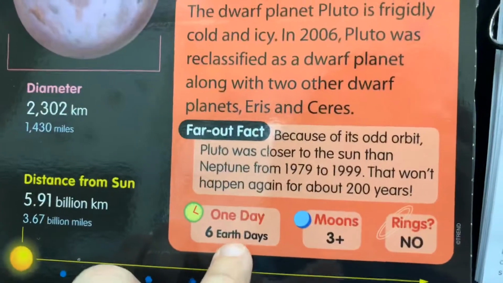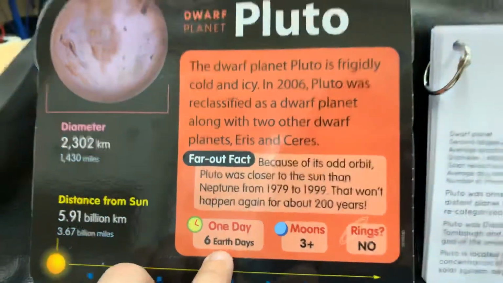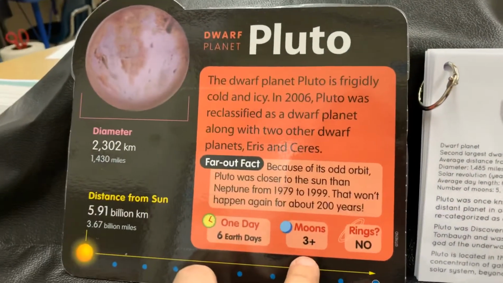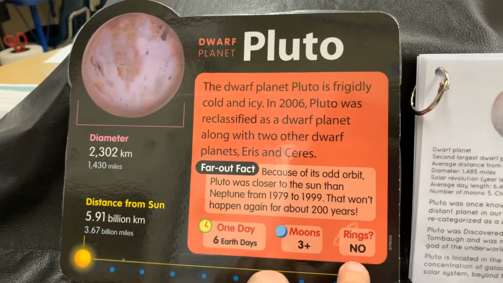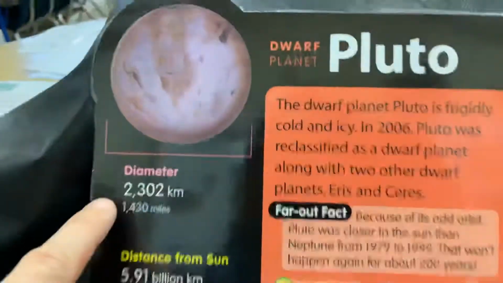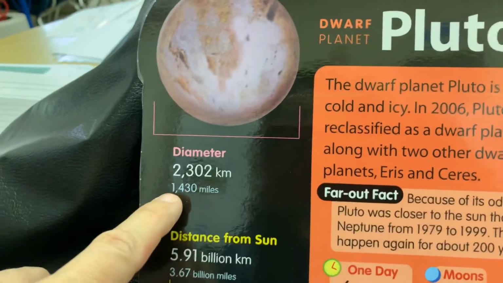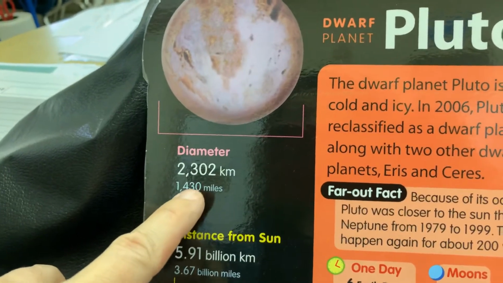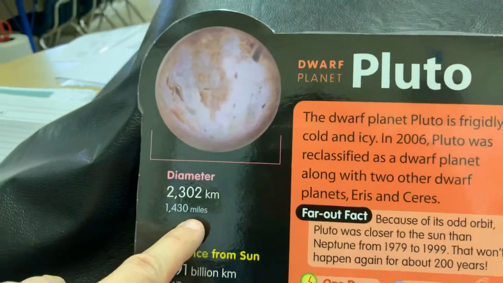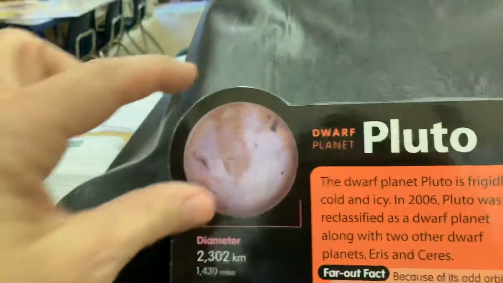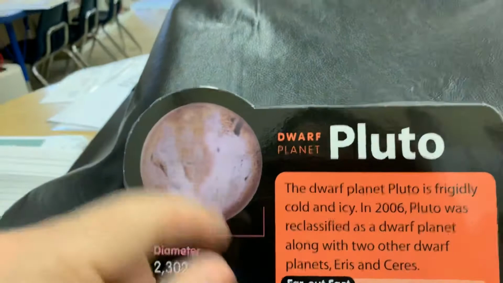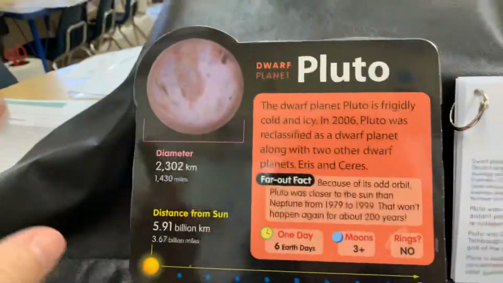How long does it take to make one day? That's right. How many moons? Does it have any rings? No. Oh, I forgot to say that about Neptune. Let's say its diameter. 1,430 miles. It's very small. Remember, I compared it to Mercury? 2.5 Plutos would fit inside of Mercury.